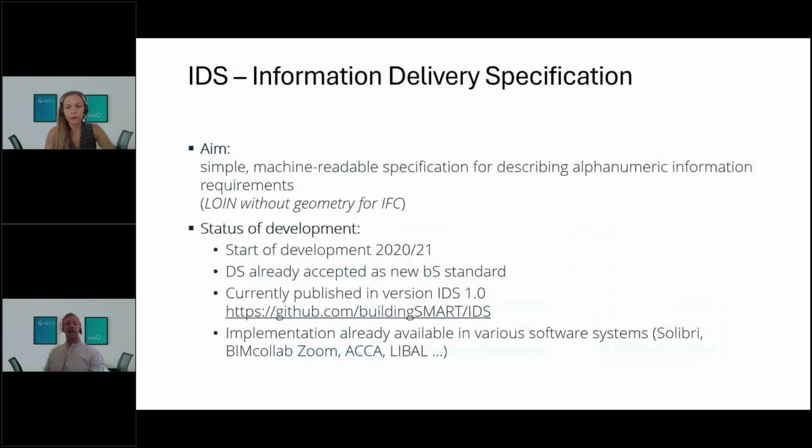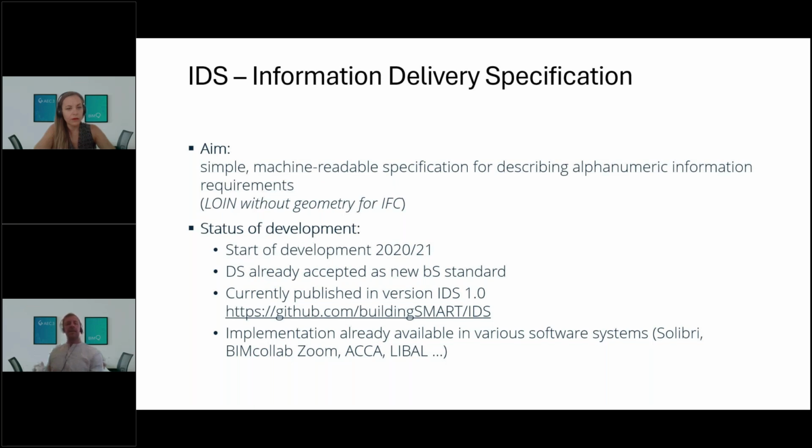So what is IDS? IDS, Information Delivery Specification, is a machine-readable specification for describing alphanumeric information requirements. The data format is without the geometric specifications which are transported in the IFC format. So let's look at the current status of the development. The development started in 2020, and now IDS is already accepted as a new buildingSMART standard.